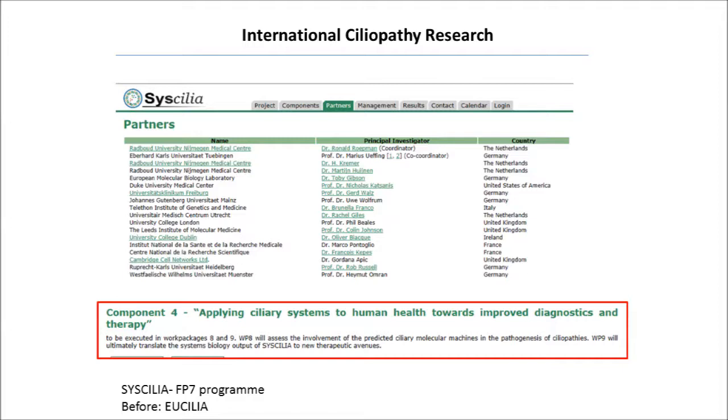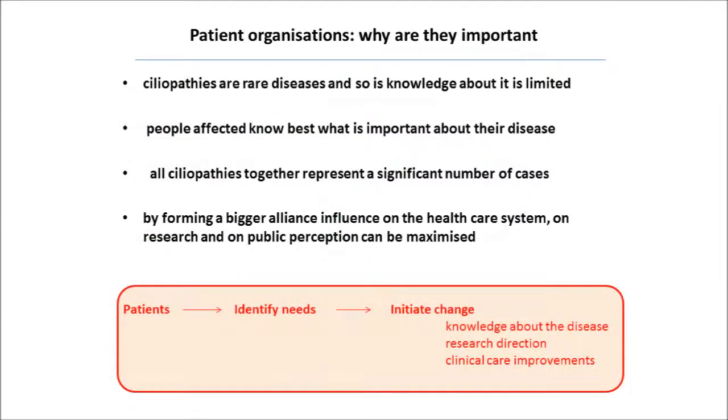So this Cilia consortium is currently not involving any patient organizations, and I think that's one of the important things today, that there is really an important function for patient organization in order to distribute the knowledge, because the people who have the disease are the ones who know best what is important for that disease. And I think, as said before, because the diseases are so rare, only together this will represent a significant amount of people and will be enough to initiate change.